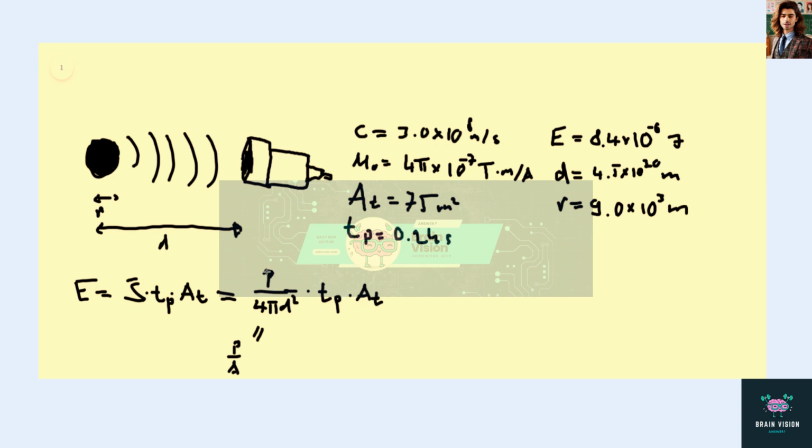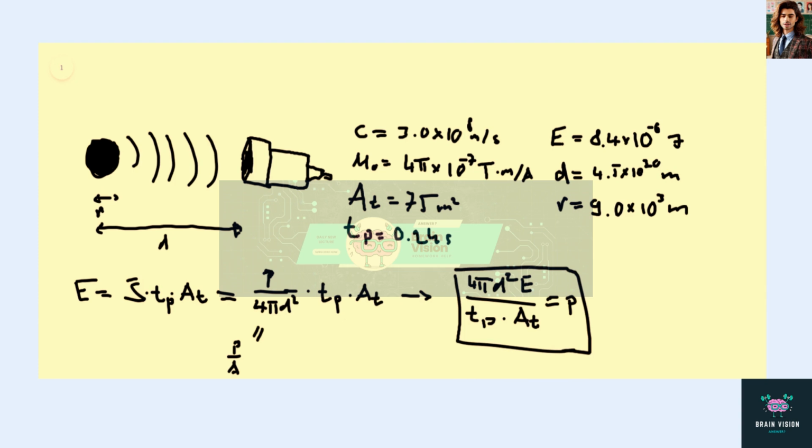So then I can rearrange this for P. If we rearrange this for P, we get 4 times pi times d squared times E divided by TP multiplied on the bottom by the area of the telescope. Then this is equal to the power.